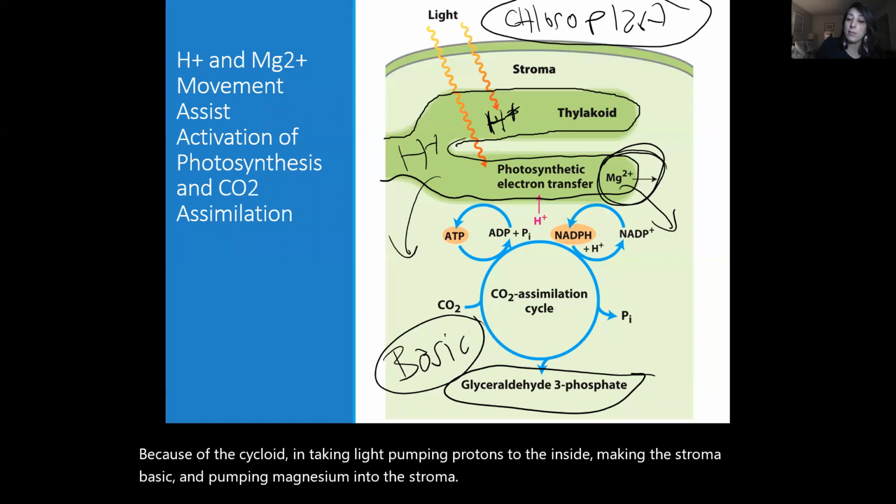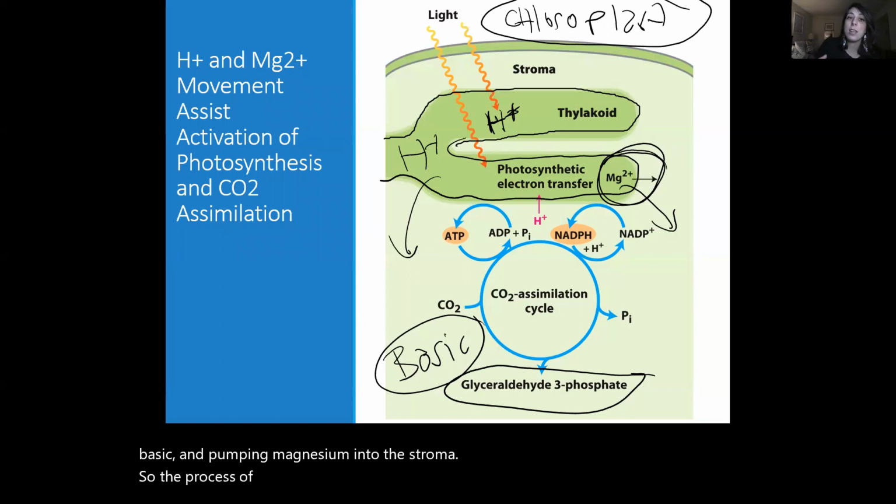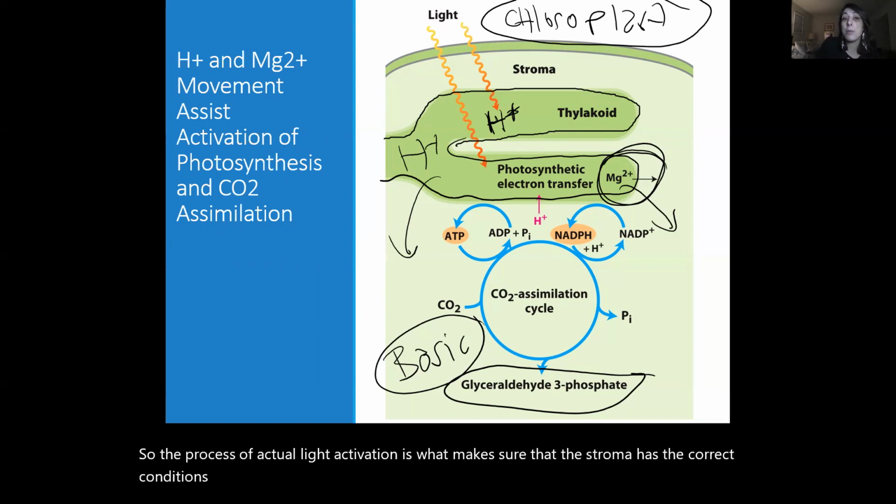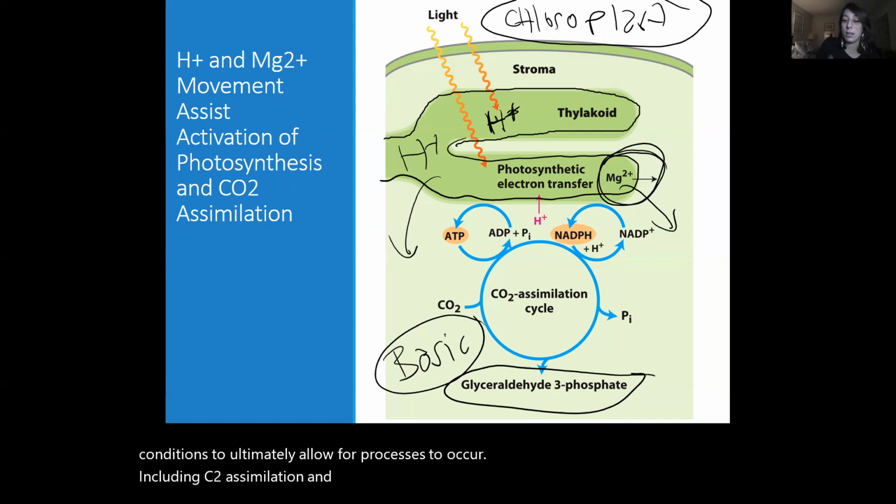So the process of light activation is what makes sure that the stroma has the correct conditions to ultimately allow processes to occur, including CO2 assimilation and further processes of utilizing glyceraldehyde 3-phosphate in production of sugars.